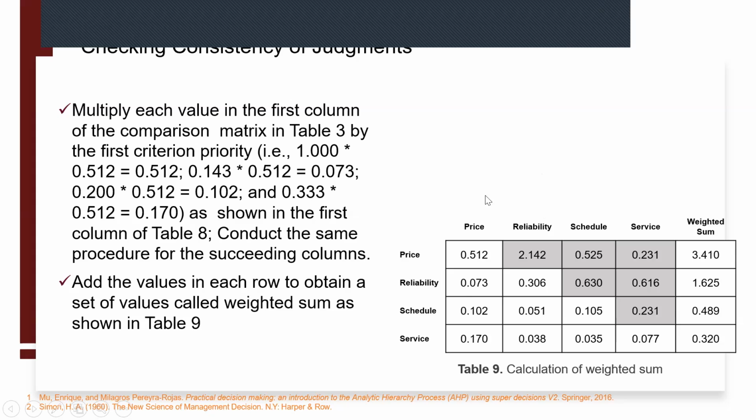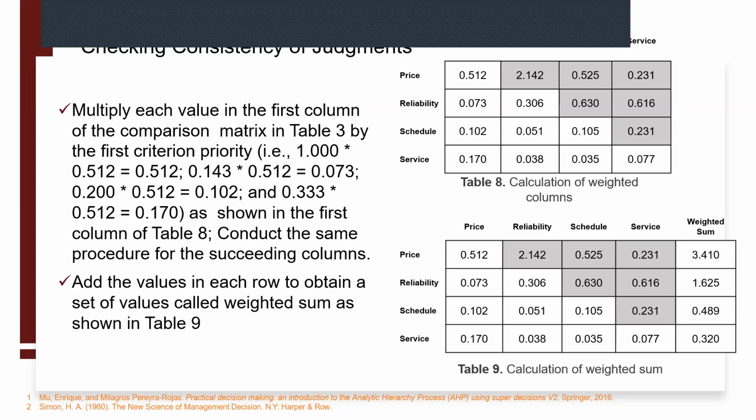After doing that, we added everything, so we have the weighted sum on the right side. Very tedious, but very achievable if we do it step by step. We arrive at certain values: weighted sum 0.314, 1.625, 0.489, 0.32.